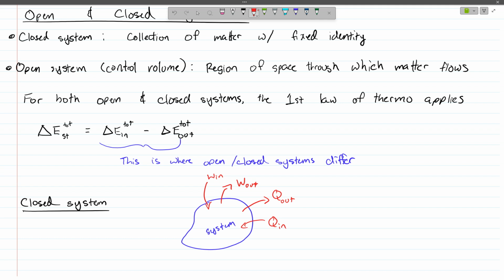In other words, energy can cross the boundary of the system, but it only does so by exerting some mechanical energy on altering the contents or allowing some sort of heat transfer to add or remove thermal energy. So, heat in or out, and work in or out.